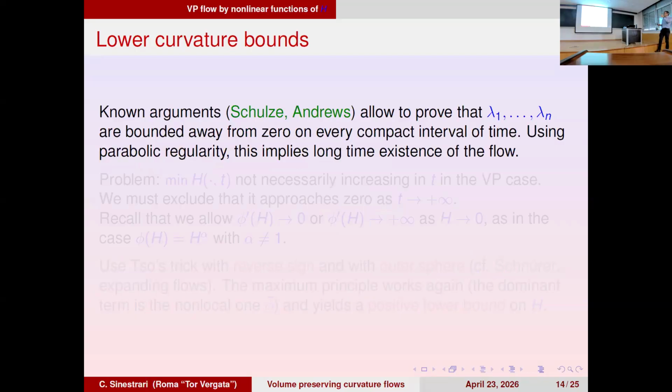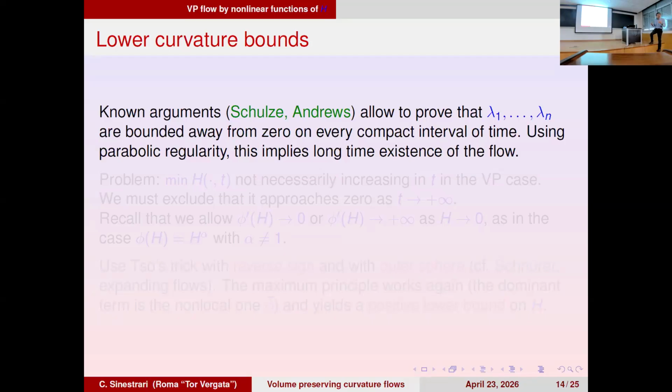There is an easy estimate, well, easy with the correct tools, which were introduced in alternative methods by Schulze and Andrews, to show a lower bound on the curvature, which holds on compact time intervals. This shows that you don't lose convexity on finite time intervals, and this means that what we know gives long-term existence of the flow.